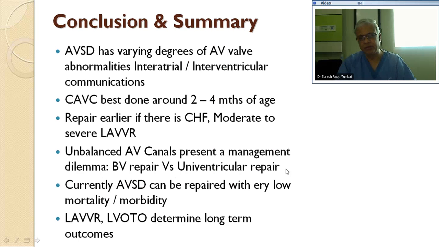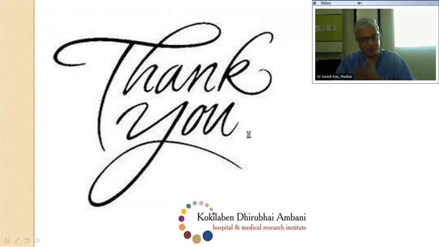We don't have hard criteria to choose either pathway, but of course, if we can, we prefer a biventricular repair. Currently, AVSD can be repaired with very low mortality and morbidity. Left AV valve regurgitation and left ventricular outflow tract obstruction determine long-term outcomes. Thank you very much, and from Kokilaben Hospital.